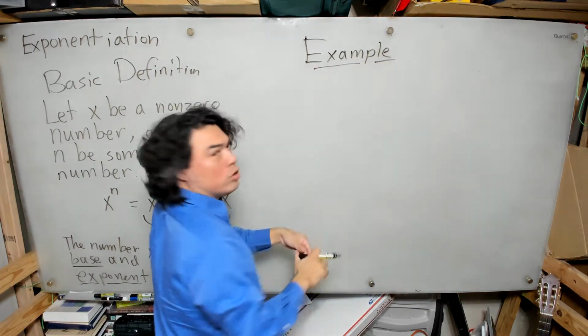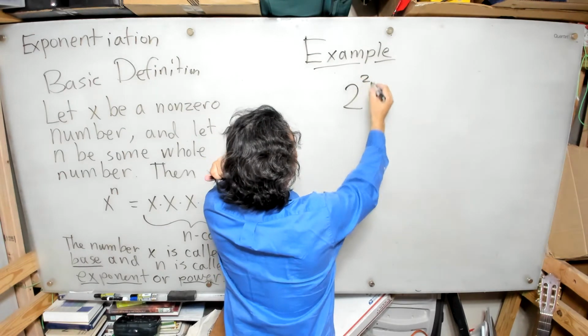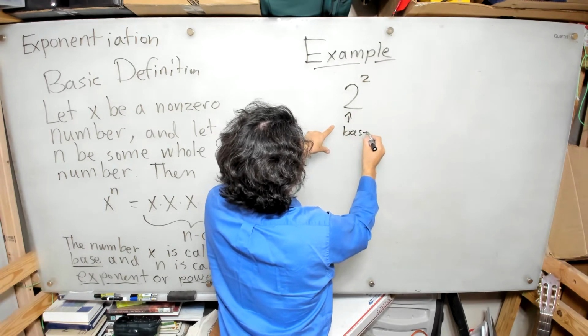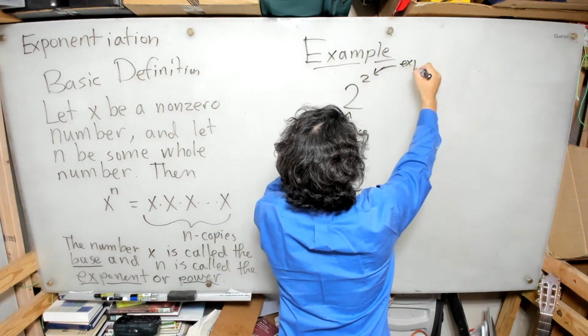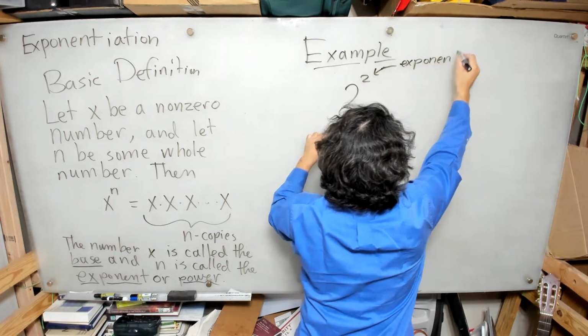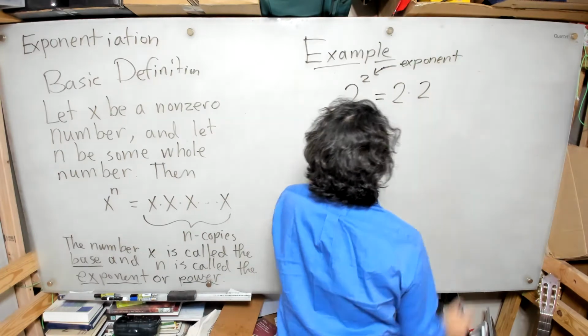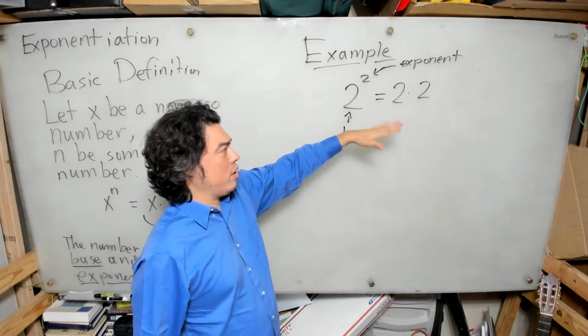So for example, let's say we have 2 squared. The 2 is our base, and the 2 here is the exponent, okay? And this is equal to 2 times 2. Now the reason why I'm starting with this example is that a lot of students make a mistake.